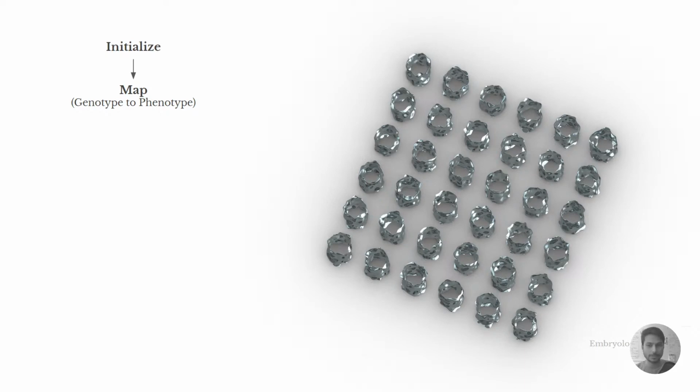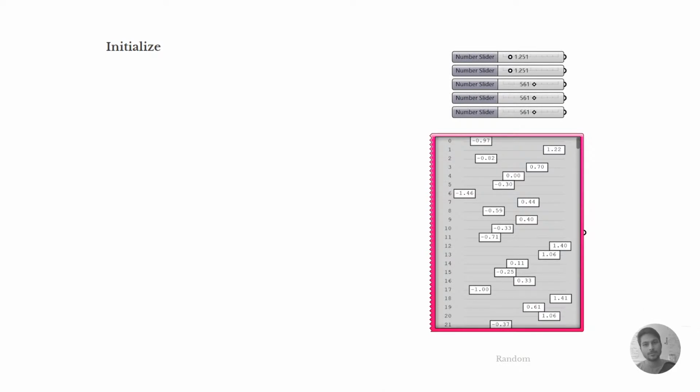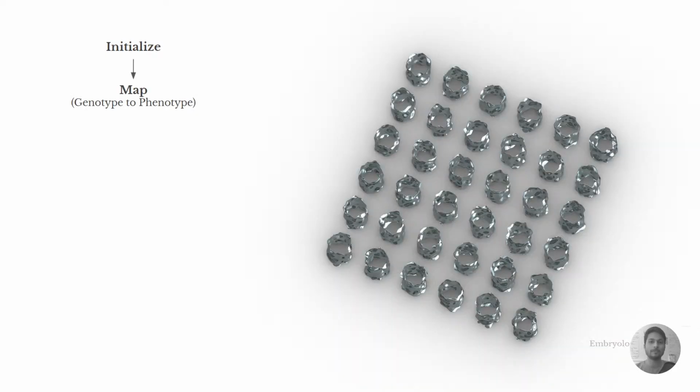It can also be seen as the process of embryology, which is itself a really complex topic and might be a really interesting topic for a webinar in the future. So we start with random values, and then we map those values to a physical form. How that physical form happens, that we have to design.